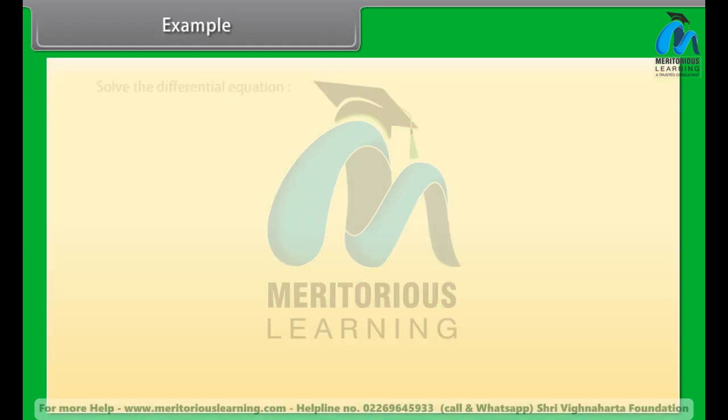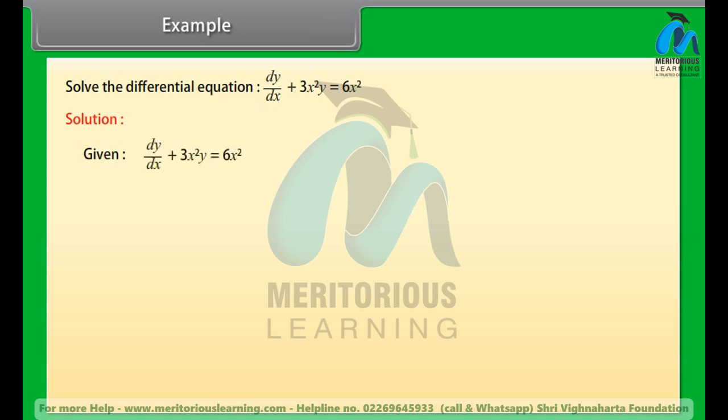Example: solve the differential equation dy upon dx plus 3x square y equals 6x square. Solution: given dy by dx plus 3x square y equals 6x square. Name it as 1.